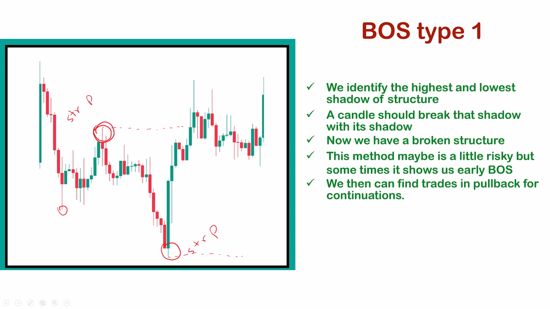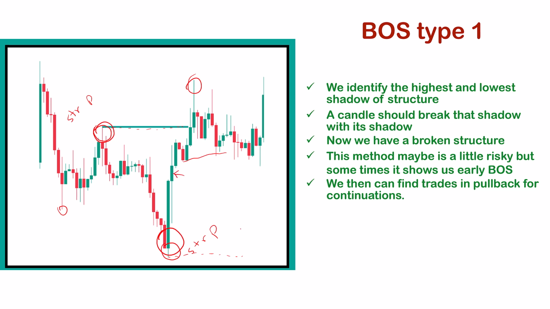So when the structure breaks with this shadow, we have our break of structure. We identify our protected leg, that is from here to here, and we use our tools to find where is going to be the most probable higher low that can be under these points of liquidity in this imbalance.